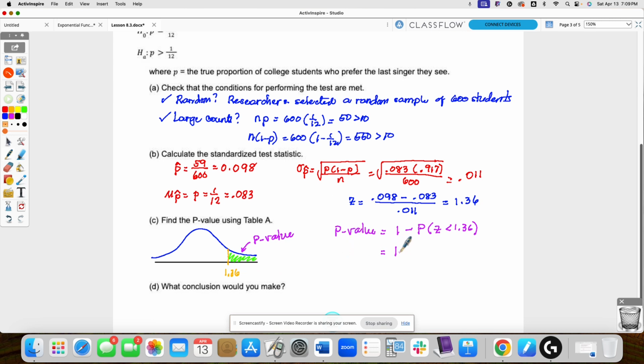If you look at Table A, 1.36 is 0.9131, which means that our p-value here would be equal to 0.0869. Let me just double check: 1 minus 0.9131, yes, 0.0869. That's our p-value.